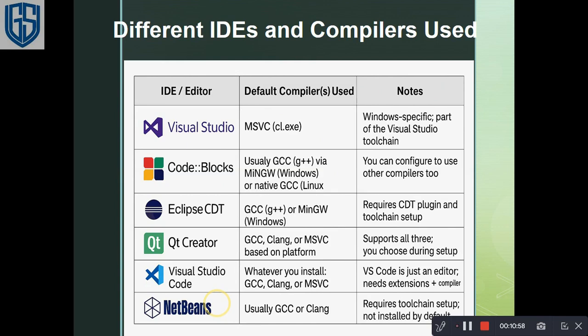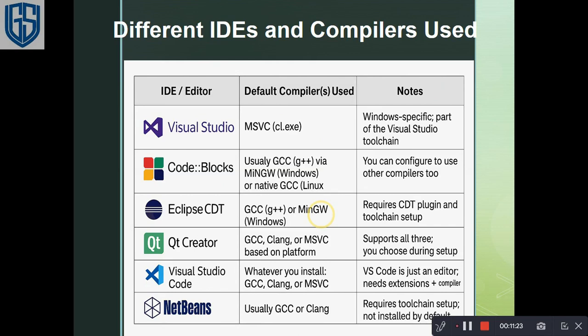And coming to the different IDEs and compilers: in Visual Studio, MSVC is used. In Code::Blocks we have GCC, and MinGW we need to install for this one. For Linux, we need to use native GCC. For Eclipse we also need to install MinGW, and then GCC and G++ we can install directly.